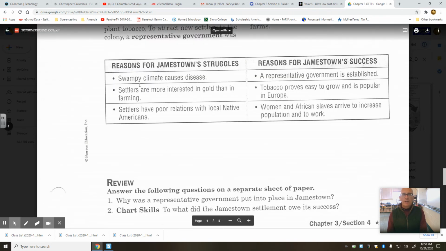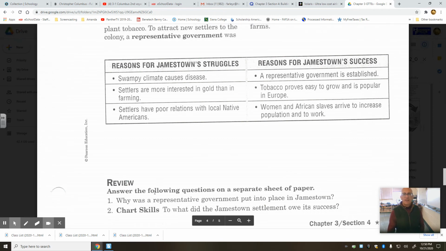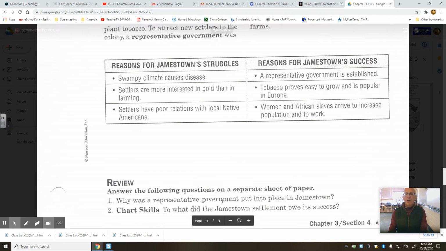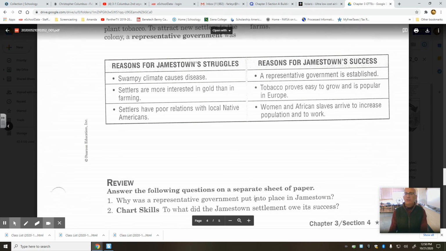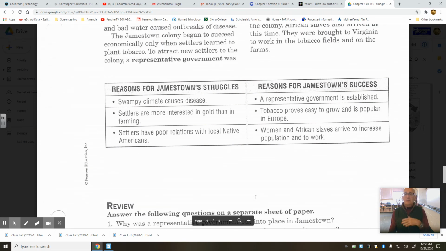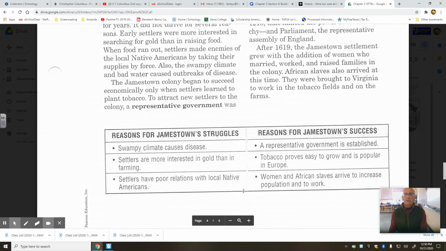You've got a chart here that we'll get to in a moment underneath the reading, but we're going to answer the first question first. Answer the following questions, and we're going to talk about these in class today. Question 1, why was a representative government put into place in Jamestown? Again, when answering questions following a reading or following a document, we are going to refer to the document.